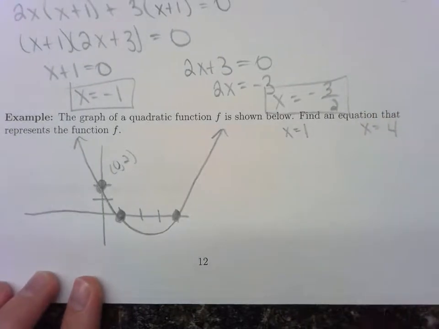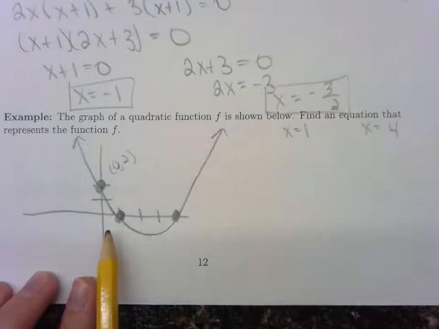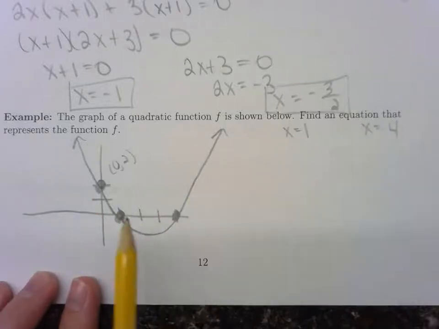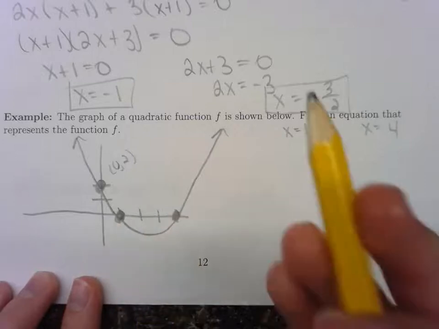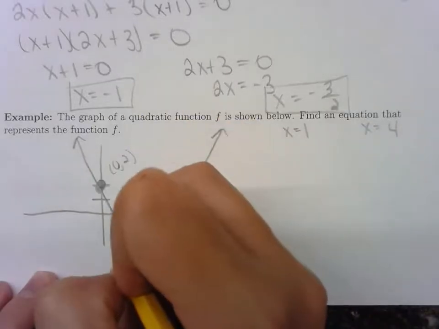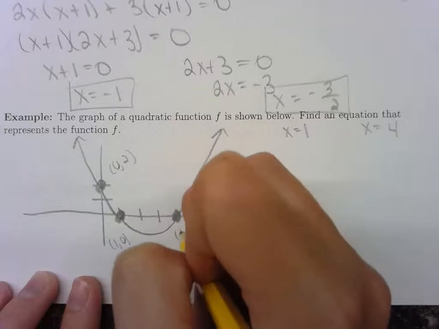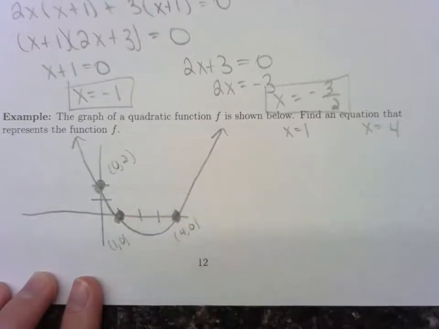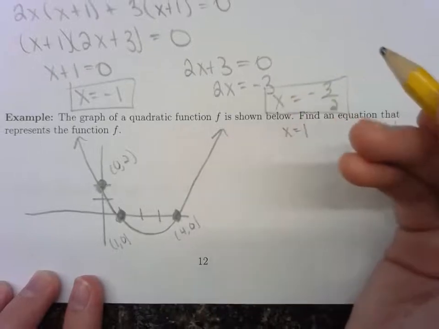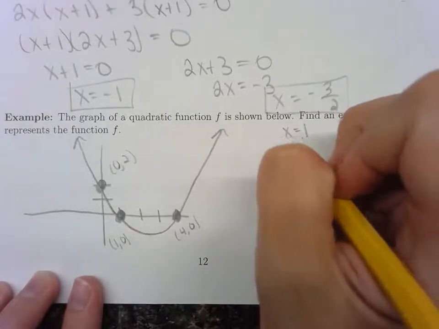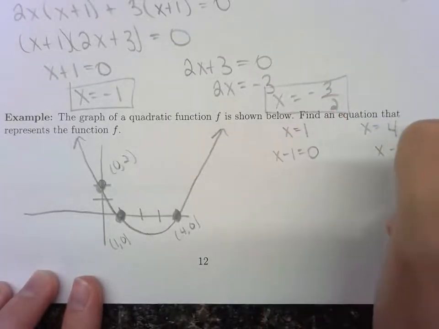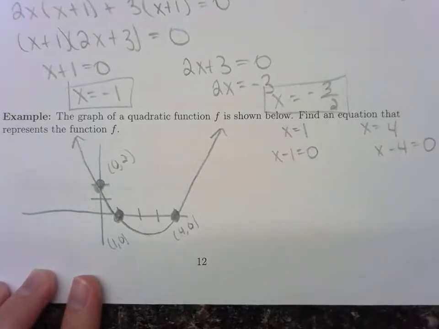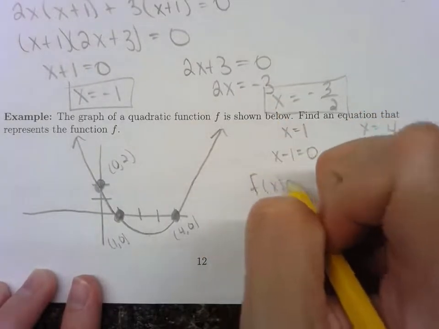When you have x equals 1, the function is 0. When you have x equals 4, the function is 0. So you have the points (1, 0) and (4, 0). So when you input 1, output 0. Input 4, output 0. So that means we can write x minus 1 equals 0, x minus 4 equals 0.